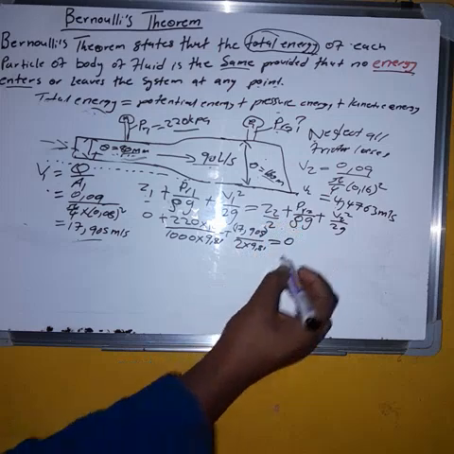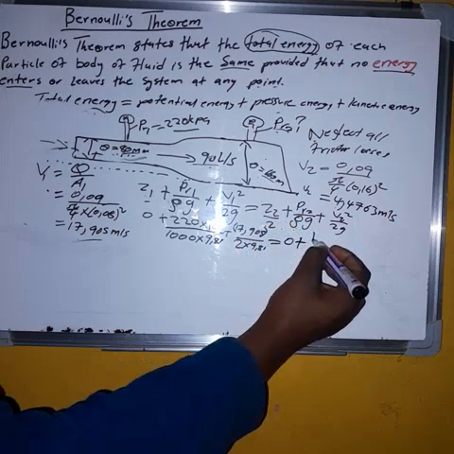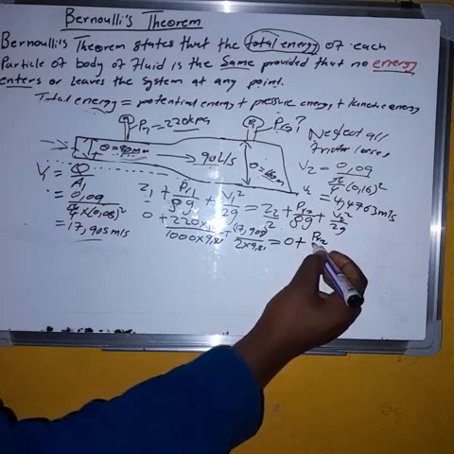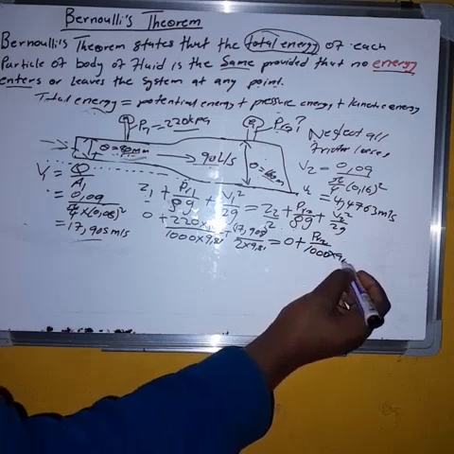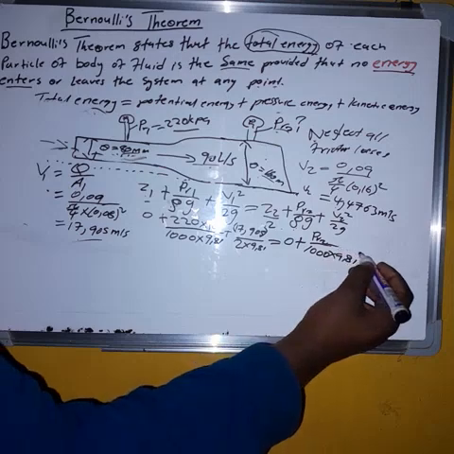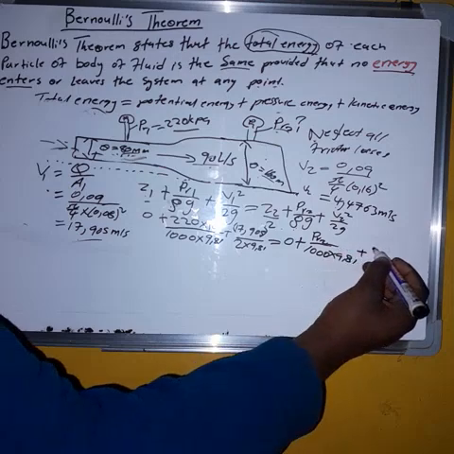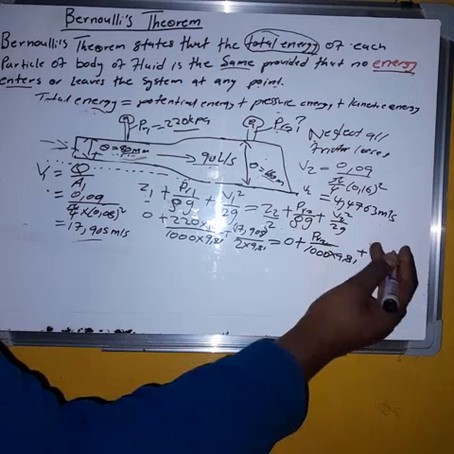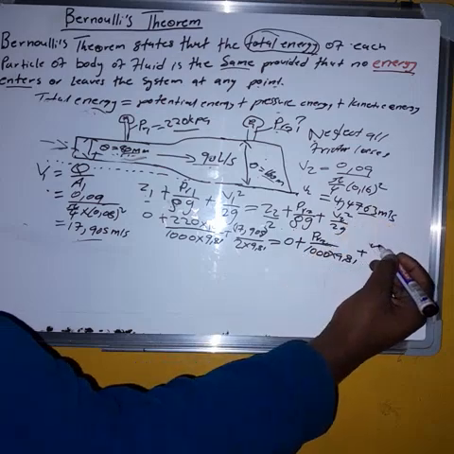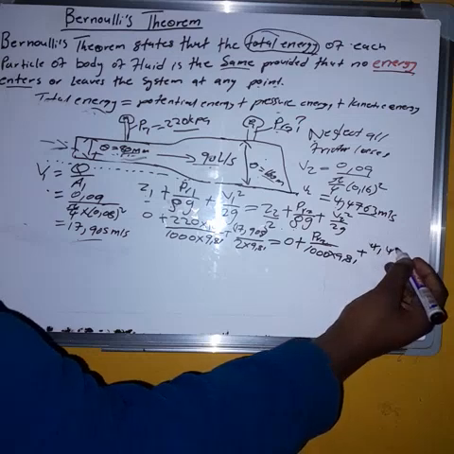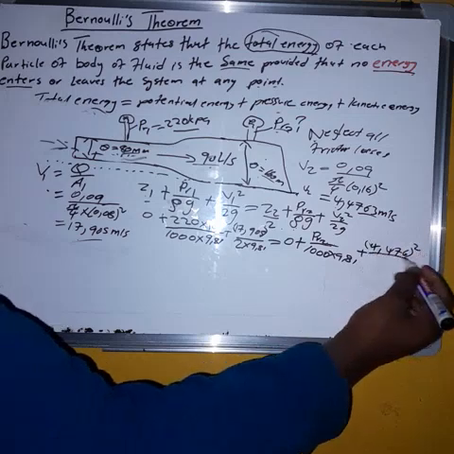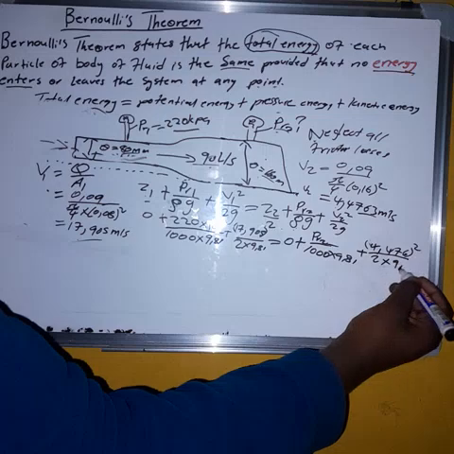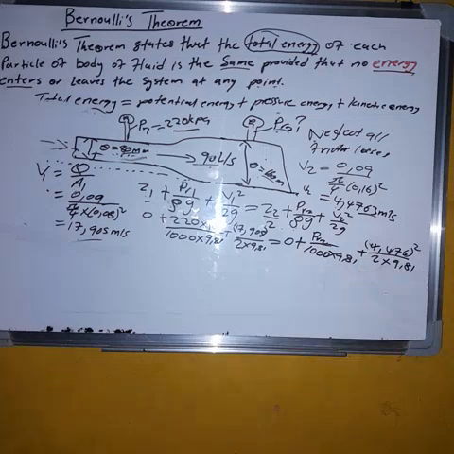This will be equal to static head 2, which is 0, plus PR2, what we are looking for. We don't know it. This is 1000 density multiplied by 9.81, plus V2, which is 4.476. We square this and divide by 2 multiplied by 9.81, right? Then you do your maths.